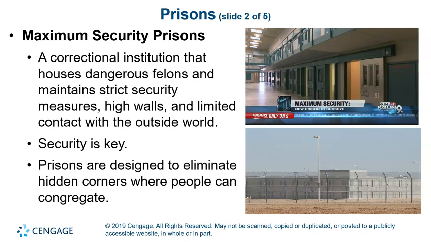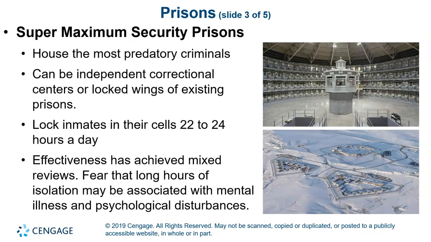So again, maximum security prisons house the dangerous felons and maintain strict security measures, high walls, limited contact. Security is the key. Prisons are designed to eliminate hidden corners where people can congregate, etc. So there's a lot to go into a max prison.